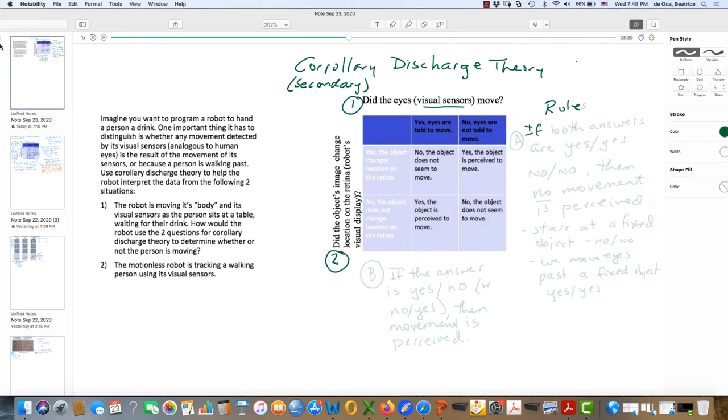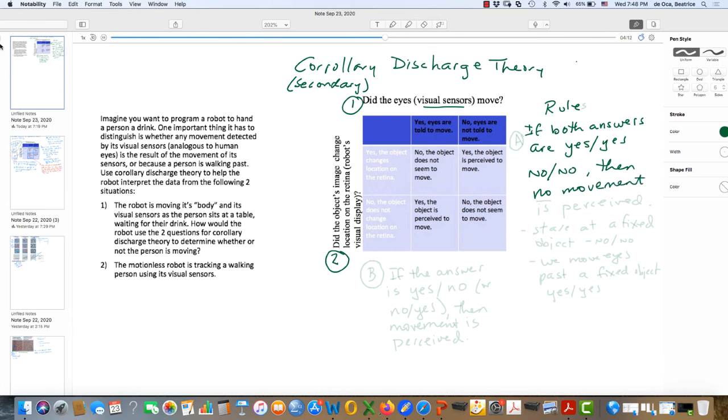If the answers to both questions are basically the same, both yes or both no, then there will not be movement perceived.